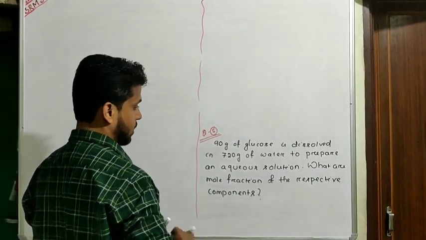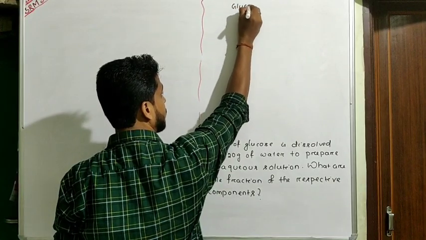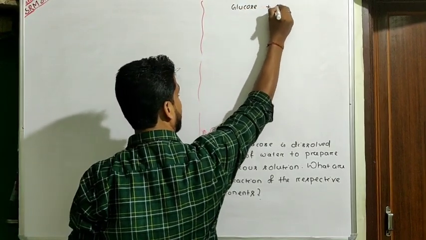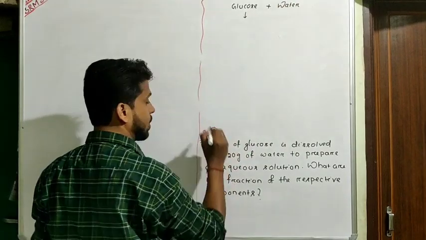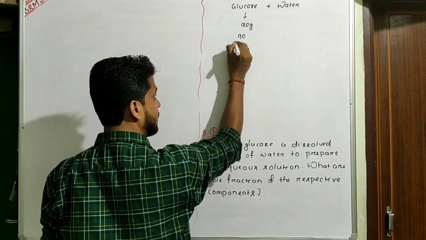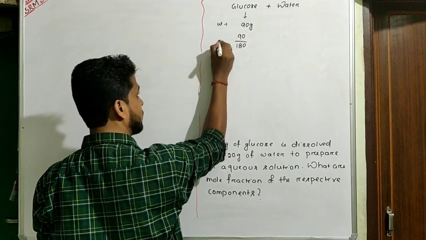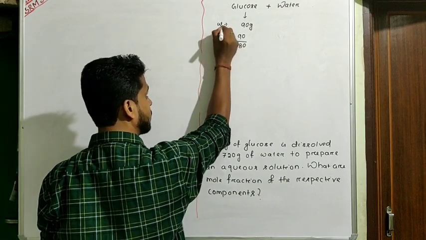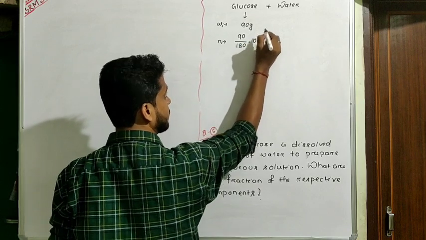So what are the components? Glucose plus water. How much mass? 90 gram. That means 90 by 180. This is mass, this is number of moles, Wi, Ni. This is 0.5.